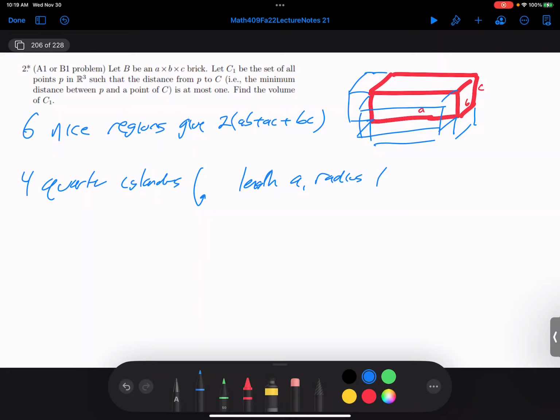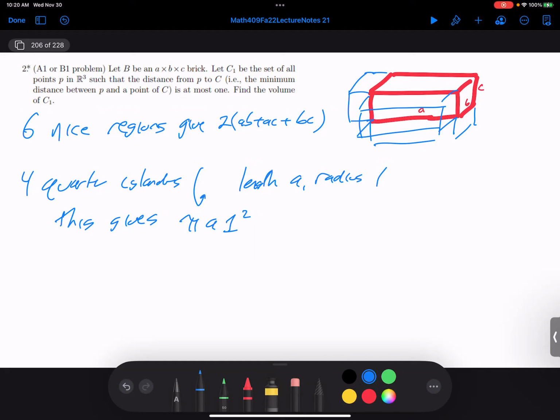So this gives, if we take them, we can just put them together, make a full cylinder, so the 4 goes away. The base is going to be pi times 1 squared, and the height is going to be A, so it should be pi A times 1 squared. Just put in a few details as to how you're getting this.